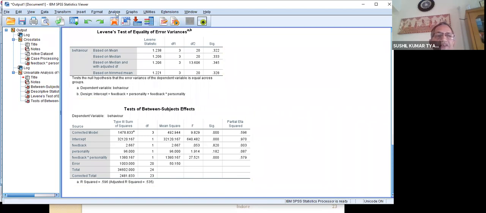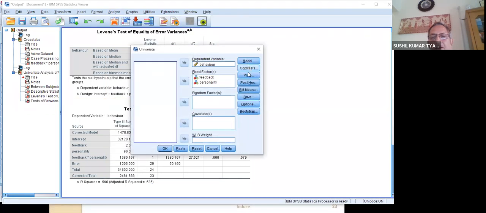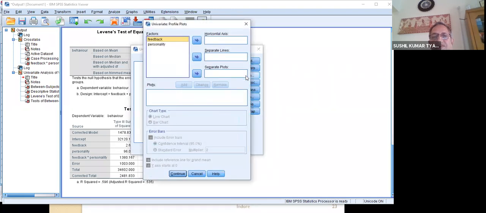So Analyze, General Linear Model, Univariate, and we have Plots. In case the interaction is significant, then we plot the graph. So we are plotting the graph. Otherwise, we would not have plotted the graph had there been no significant effect of interaction. That was just for teaching you the meaning of interaction.